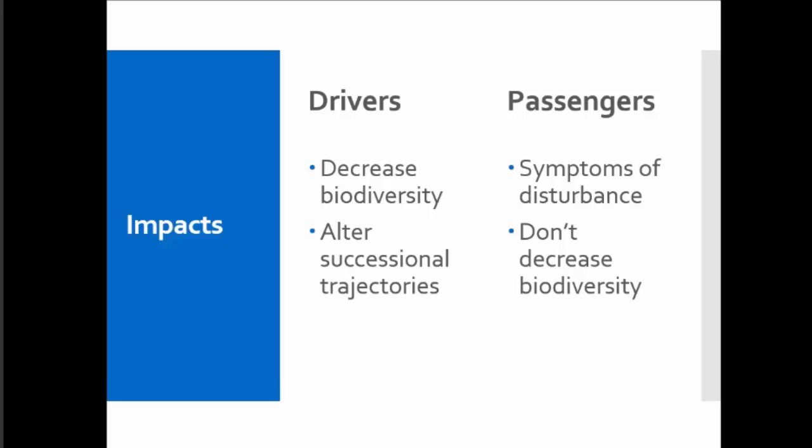Passengers, on the other hand, are more just a symptom of the disturbances. So they don't directly decrease biodiversity. In systems where invasive species acting like passengers are growing, you might see loss of biodiversity, but that's attributed more to the disturbance rather than directly to the invasive species.